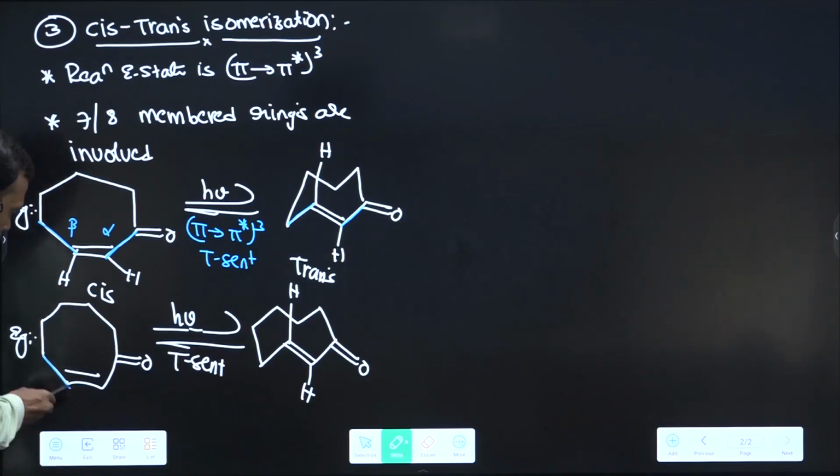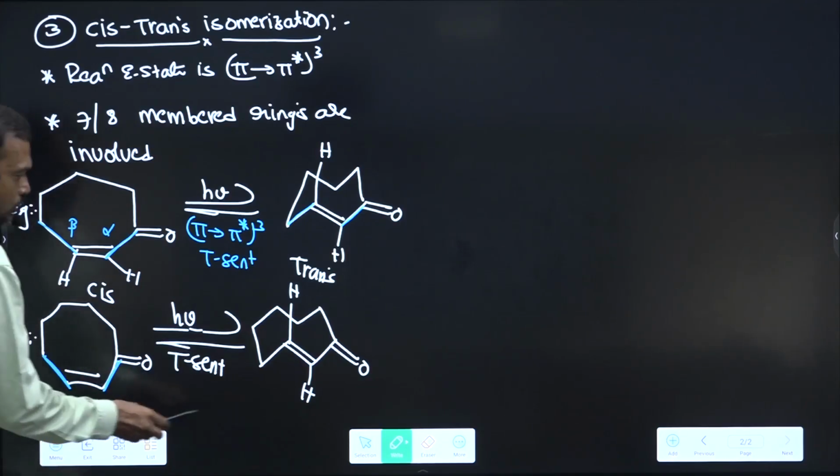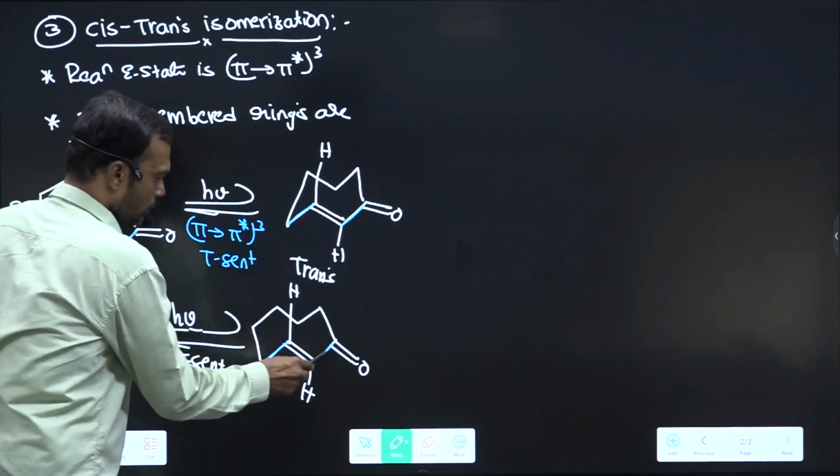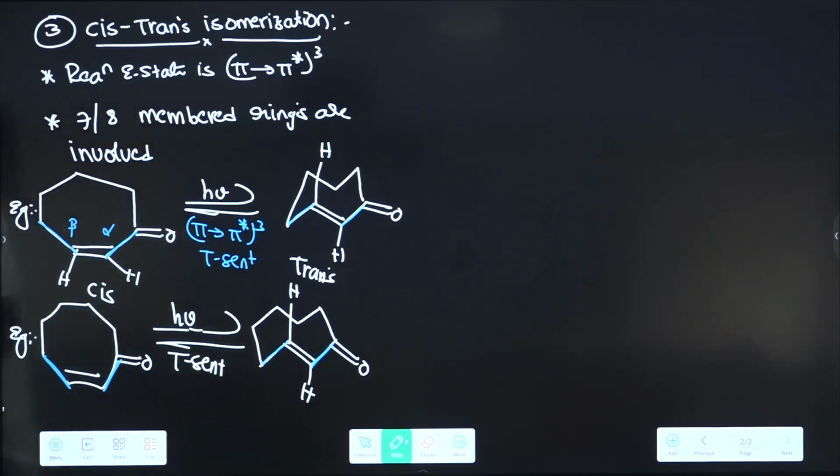Here two bonds are cis to each other. Now these two bonds around this double bond are trans to each other. Cis-trans isomerization is possible photochemically.